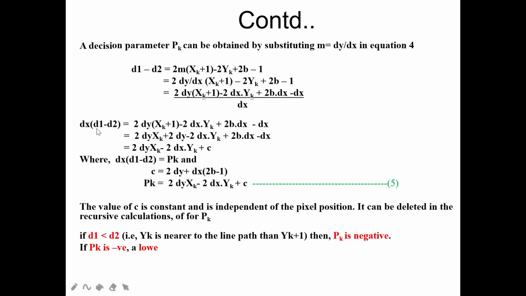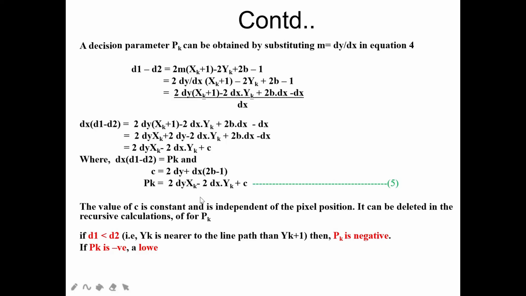So dx into d1 minus d2 will be equal to your pk. So what is the value of pk we got? pk equals this value, whatever is written here. The same thing, 2 dy xk minus 2 dx dot yk plus c. So these things we got.